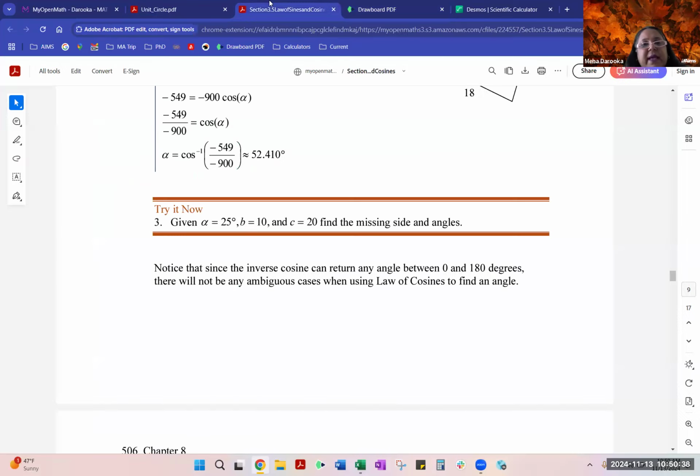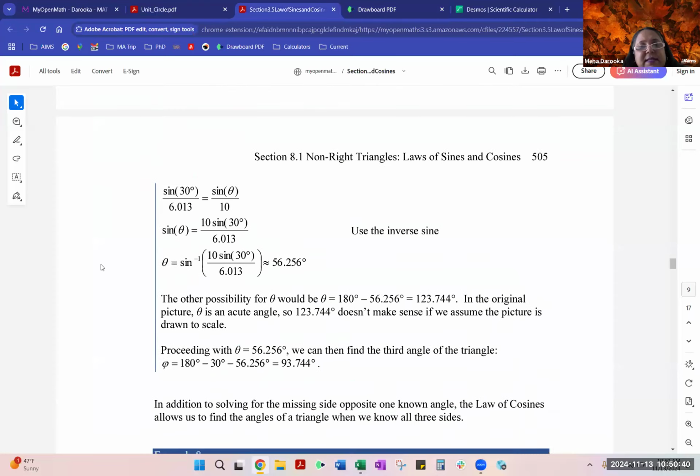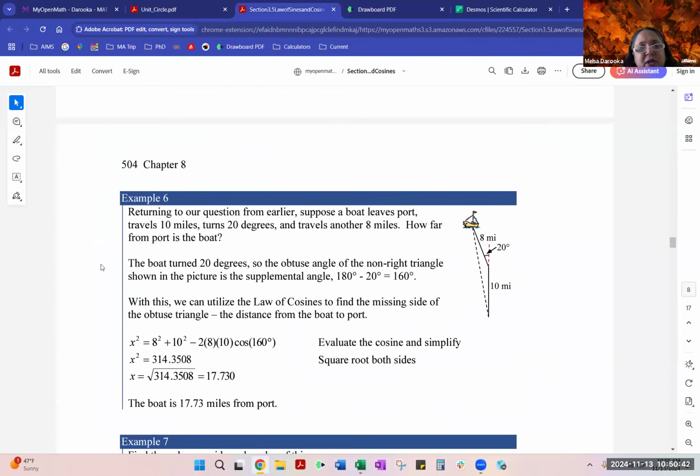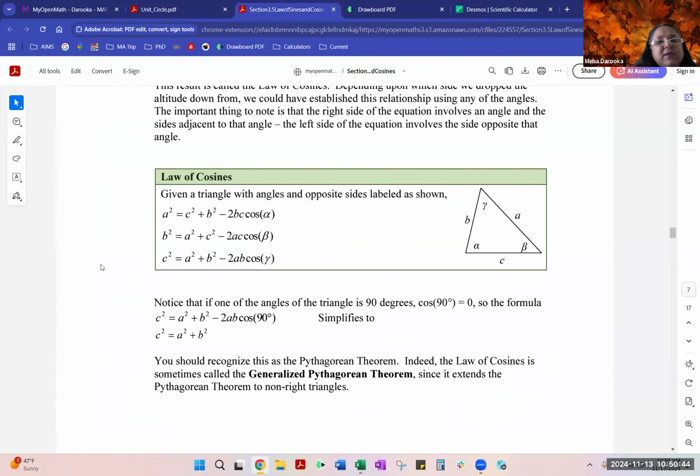Okay, so angle alpha is given to us. Just to show you in our formulas here, obviously if angle alpha is given, that means we are trying to find its opposite side, which would be side A. So this is the formula that we would be using over here.